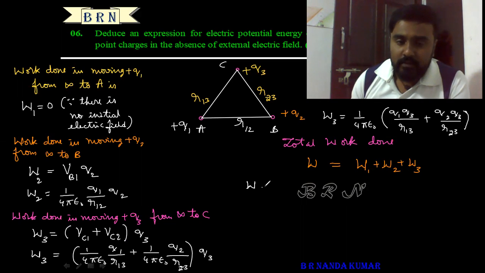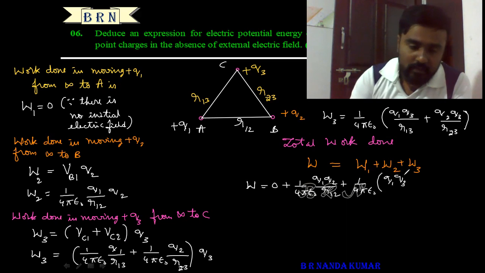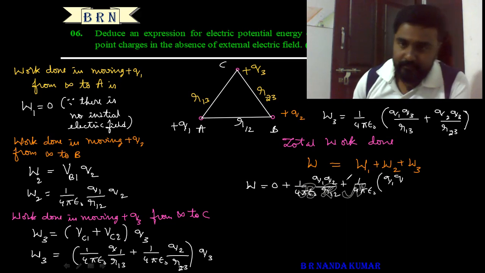So W is equal to W1 which is 0, W2 which is 1 by 4 pi epsilon naught Q1 Q2 divided by R12, plus W3 which is 1 by 4 pi epsilon naught Q1 Q3 divided by R13 plus Q2 Q3 divided by R23.